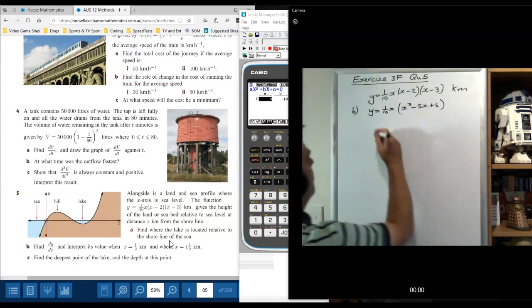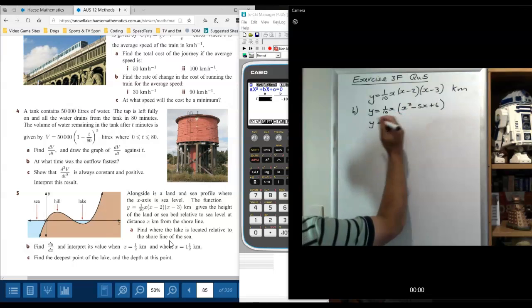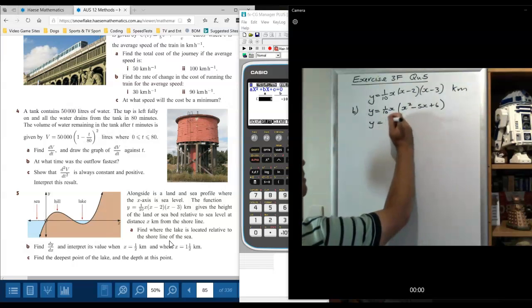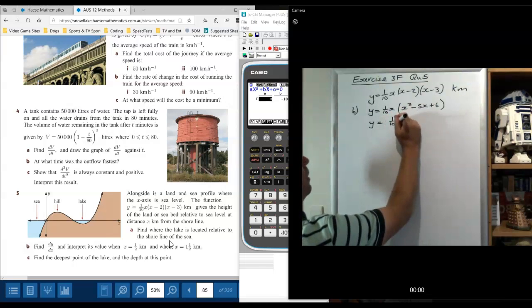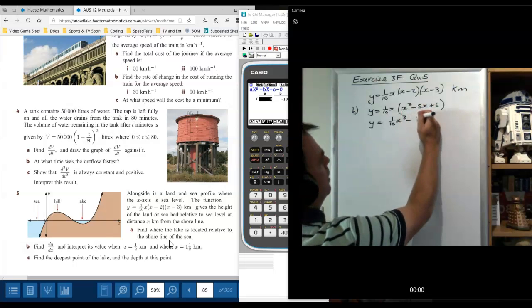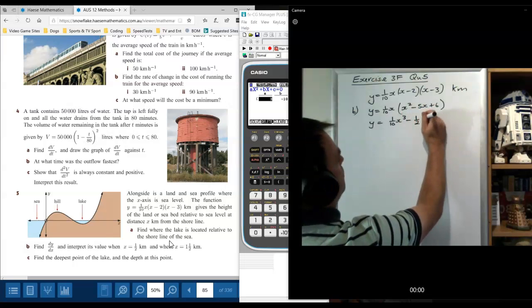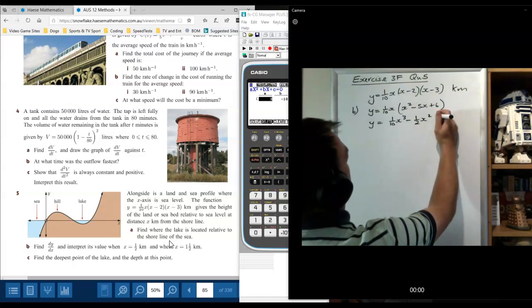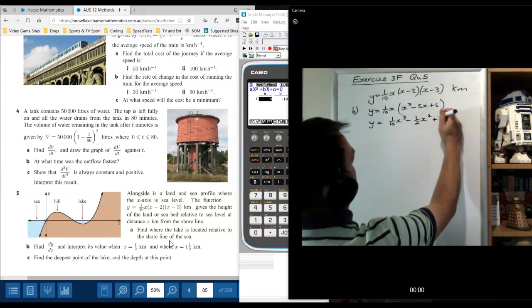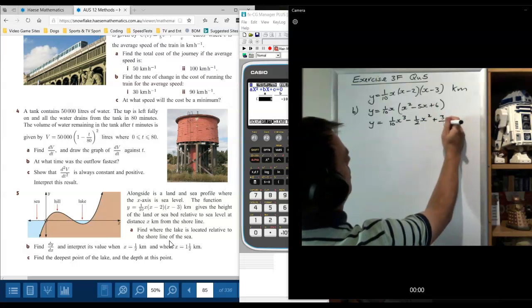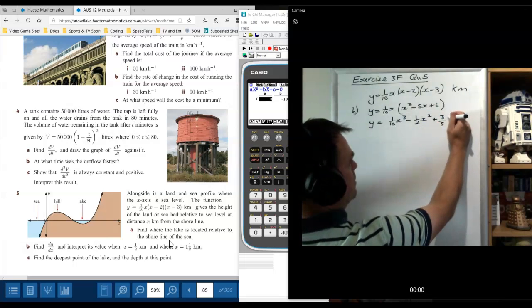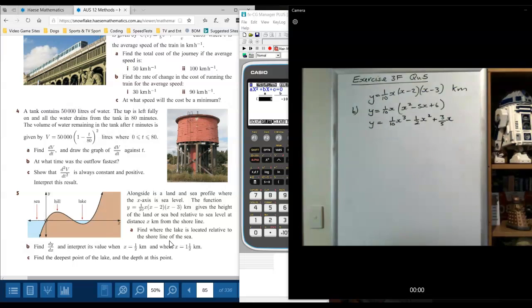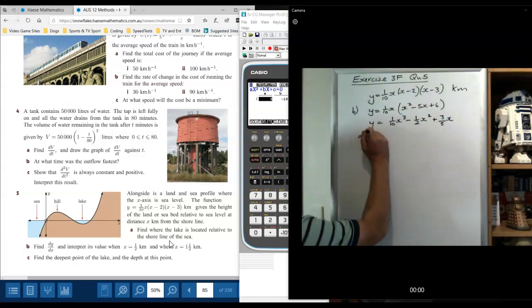We won't bother with the kilometers, and then we'll multiply through the 1/10 x, so 1/10 x cubed minus a half x squared plus 3/5 x.